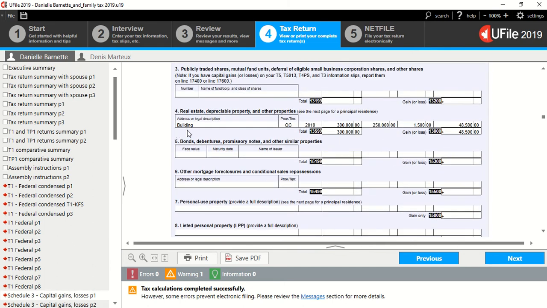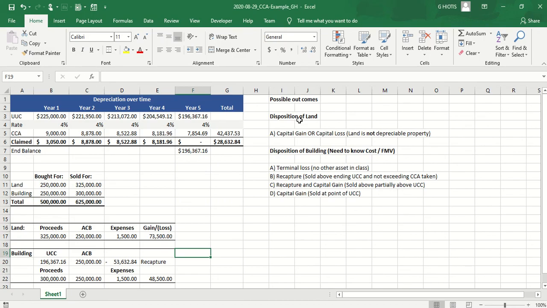See? Building. We need to do a similar calculation for the land, which takes me to this spreadsheet right here. I did a 5-year calculation. I should have started with 250,000, which was my ACB.